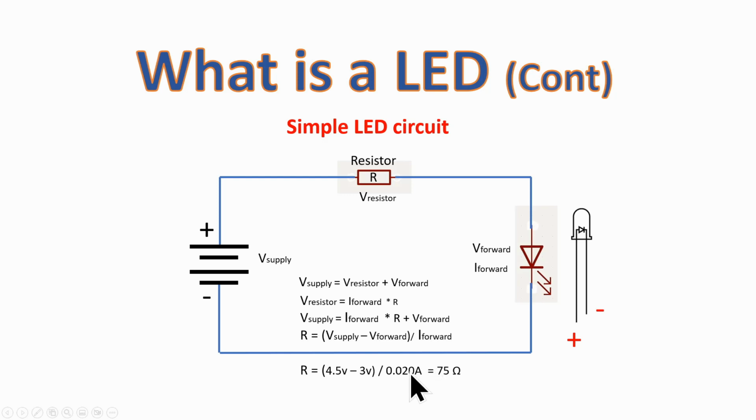But remember, to use these formulas, we need to convert that milliamps back to amps. So we put in 0.02 amps. We solve that, and we get 75 ohms as the optimal resistance that we want.